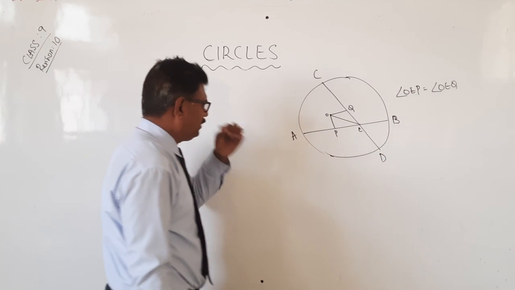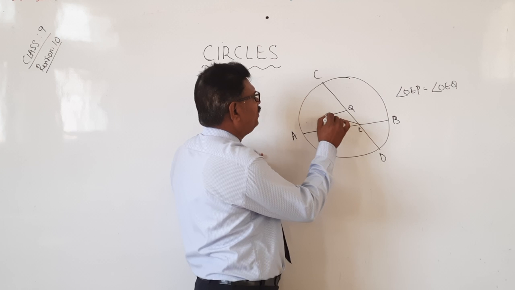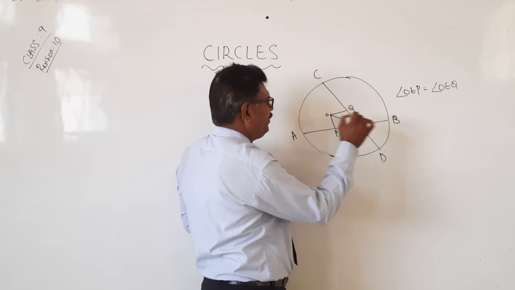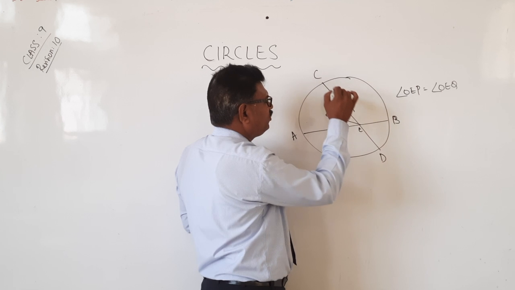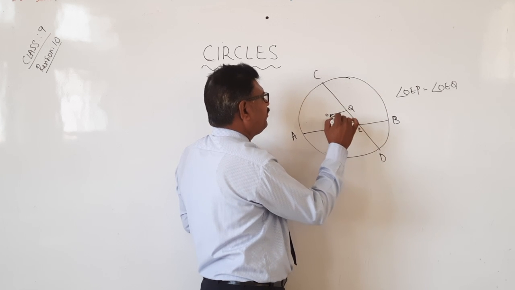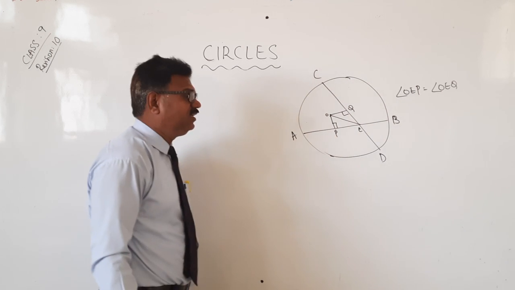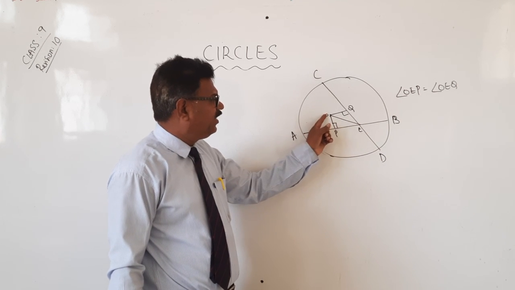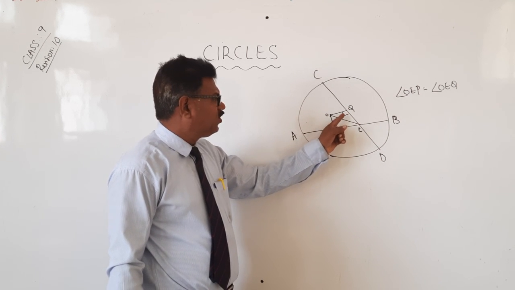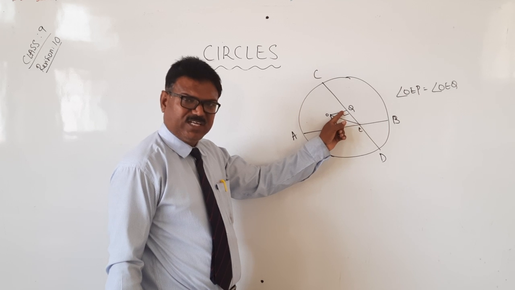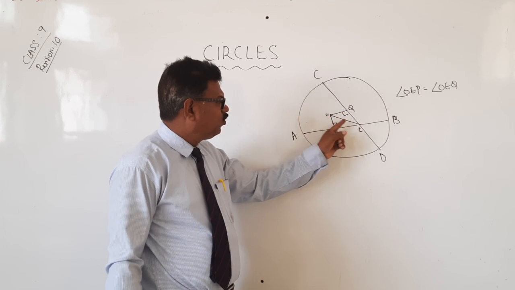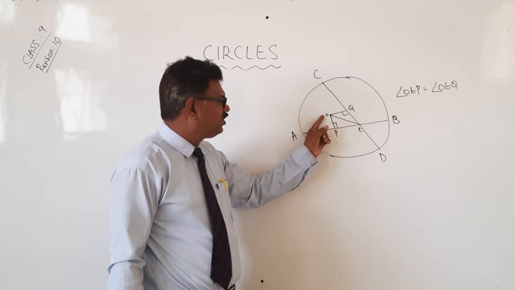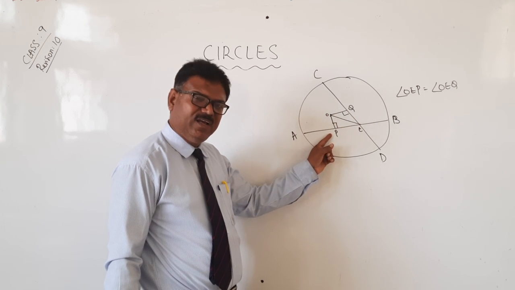You see, already I told you, draw OP perpendicular to AB and OQ perpendicular to CD. Perpendicular means what? It is 90 degrees. Now consider these two triangles OPE and OQE. P equal to Q because of construction. OE is common and OQ is equal to OP. Why?